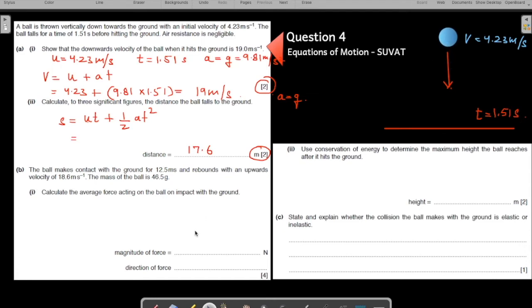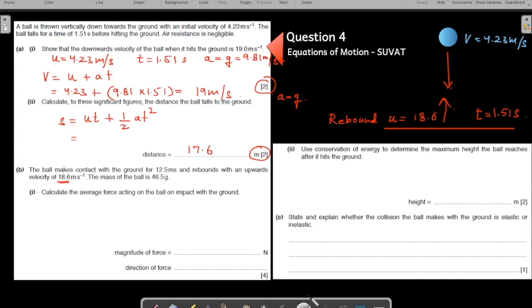So what is the rebounding velocity? The rebounding velocity is given to you. It is 18.6. It is in the upward direction.